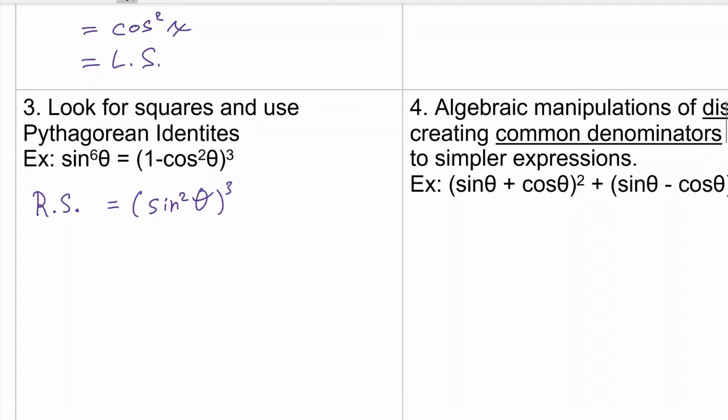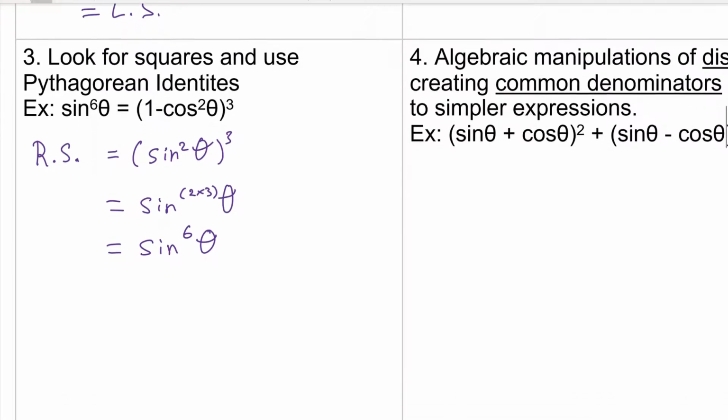And I remember back from the exponents unit that if I have an exponent to a power of another exponent, what I need to do is multiply those exponents. So I'm going to have sine to the power of 2 times 3 theta, and that means it's going to end up being sine to the 6 theta.